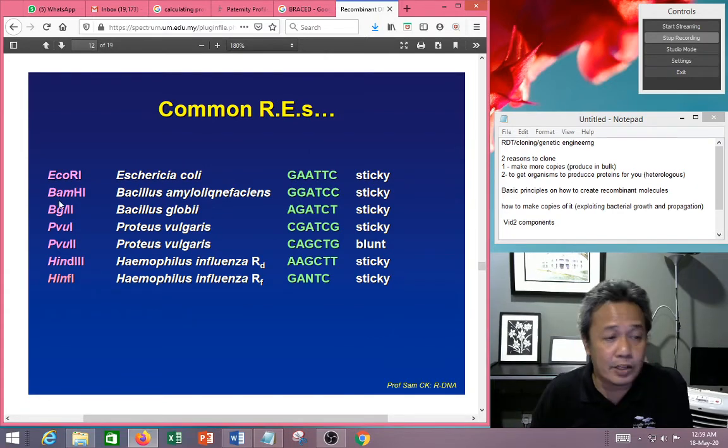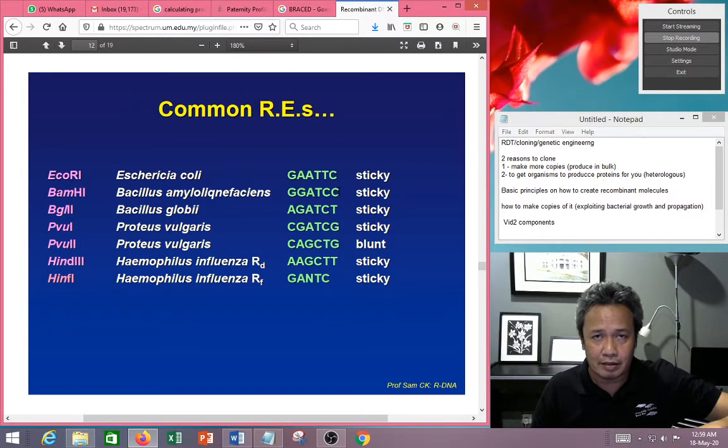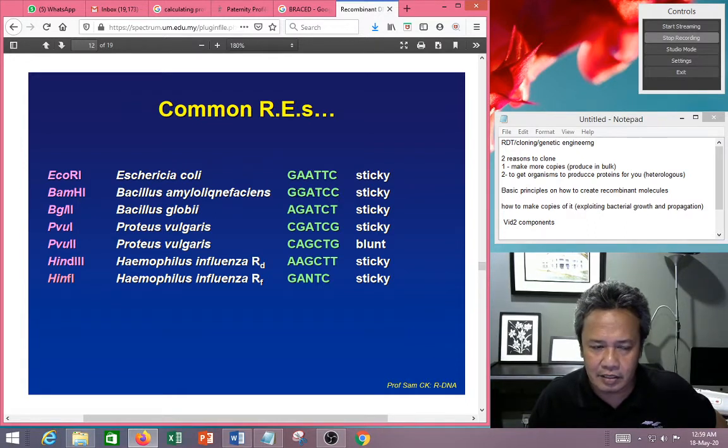For example, BamH1 cuts GGATCC. If you can do a mental reading of the complementary sequence, it is also GGATCC. AGATCT complementary is also AGATCT. So these are all palindromes.